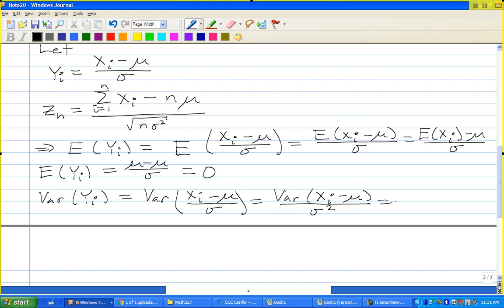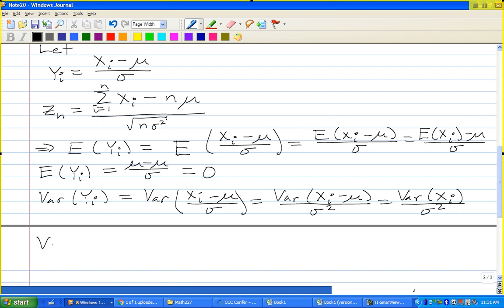And again, mu is constant, so it's the variance of xi over sigma squared. But the variance of xi is just sigma squared for each i. And so the variance is equal to 1. So the expected value of yi is 0, and the variance of yi is 1.